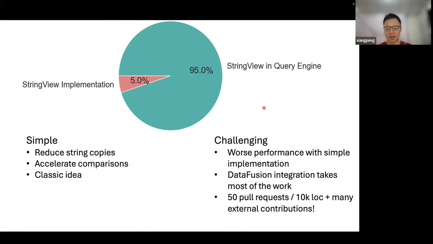I myself have done about 50 pull requests and 10K lines of code, together with many external contributions, and we finally made those very nice performance improvements. So basically I'm trying to explain why this simple idea took 3 months of work to finish.